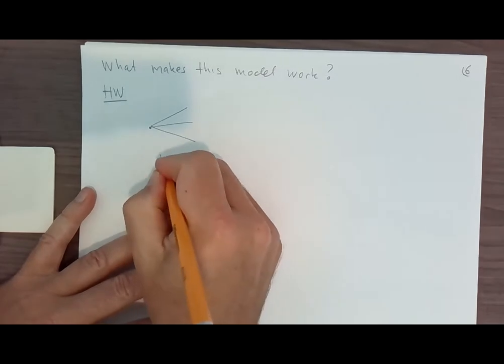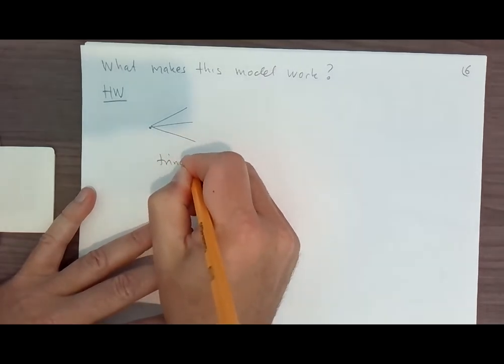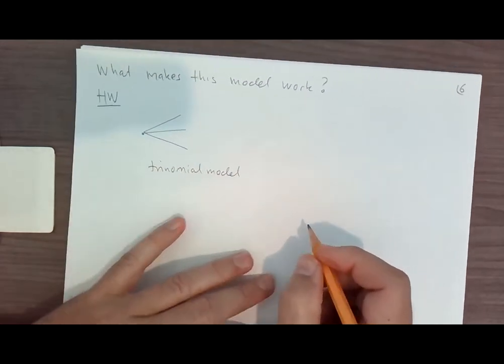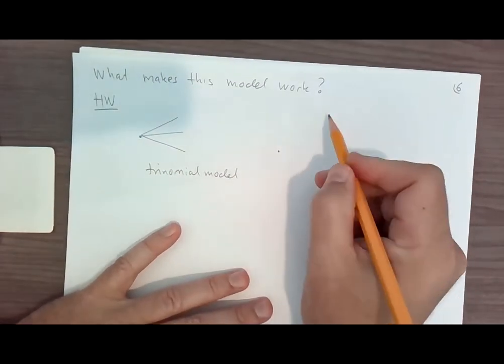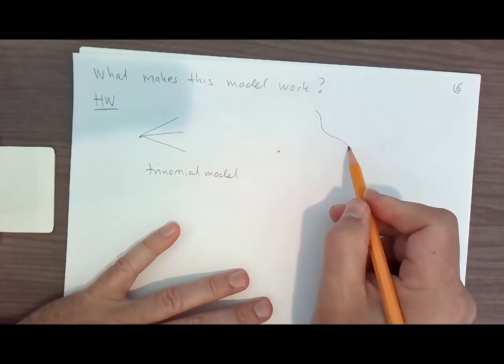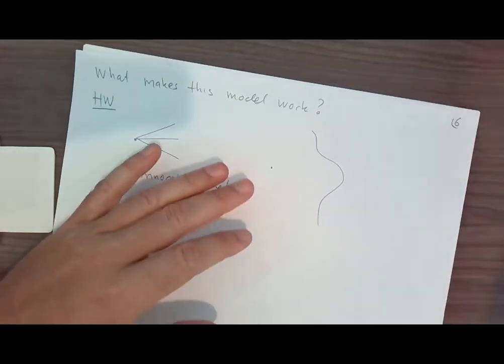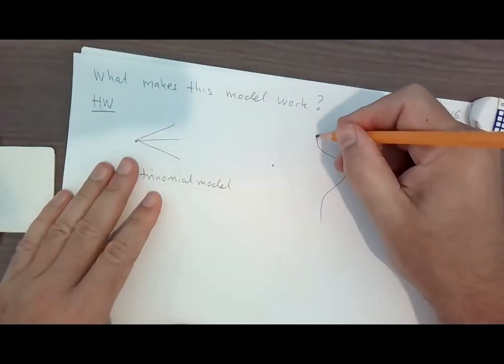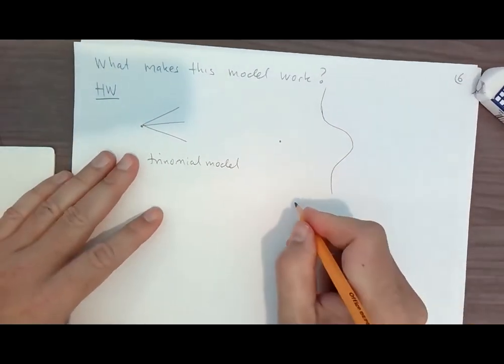So this is a trinomial model. We could even make it worse. We could have a Gaussian model, like Black-Scholes model.